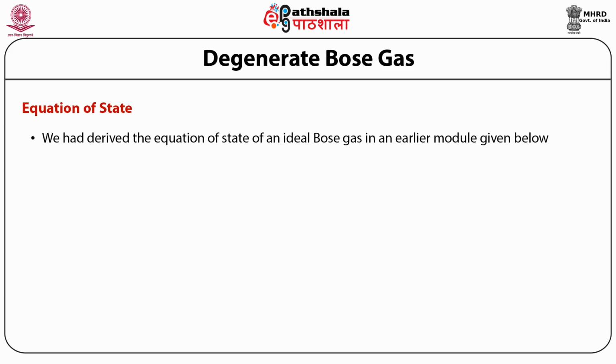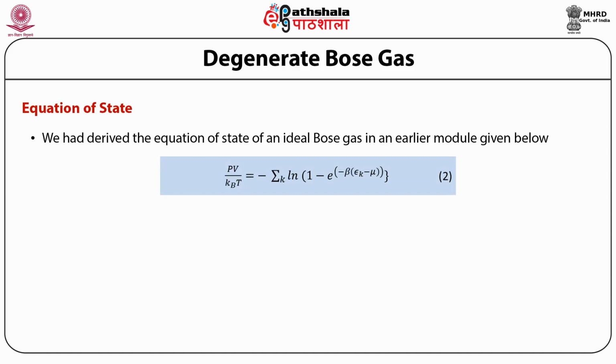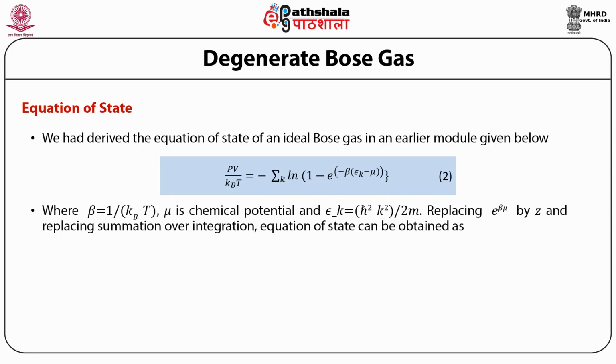We had derived the equation of state of an ideal Bose gas in an earlier module, given below. PV upon kBT is equal to minus summation over k log of 1 minus e raised to power minus beta (epsilon k minus mu), where beta is equal to 1 upon kBT, mu is the chemical potential, and epsilon k is equal to h bar square k square upon 2m.